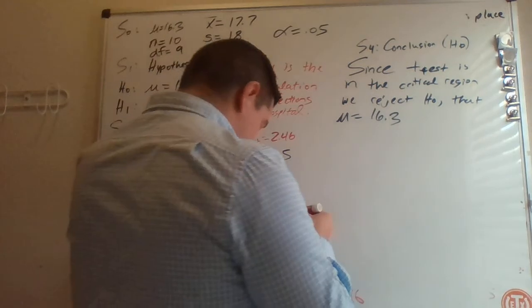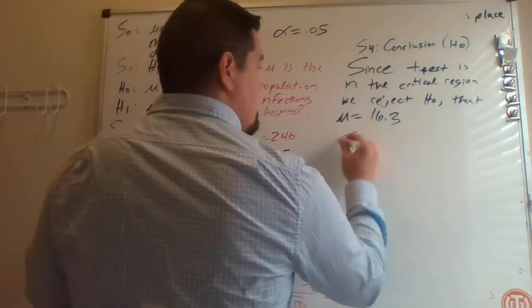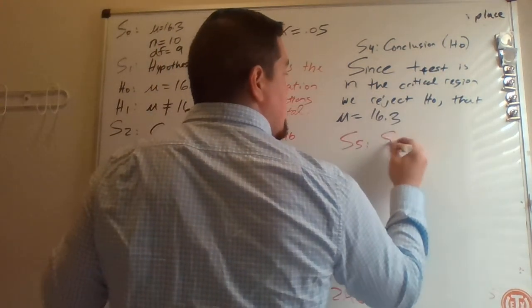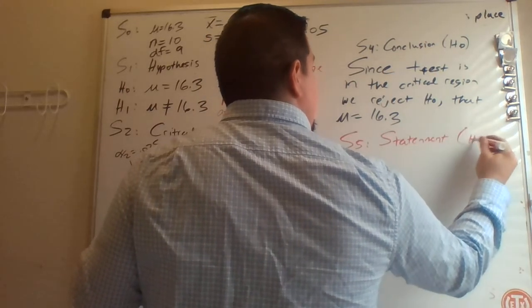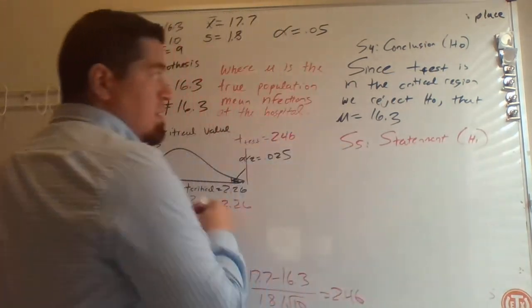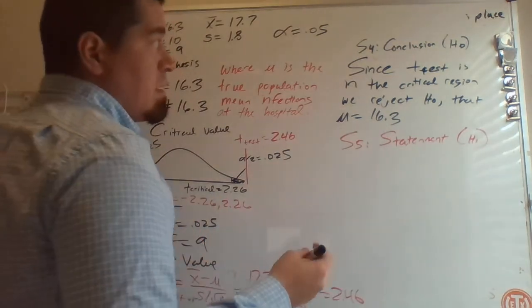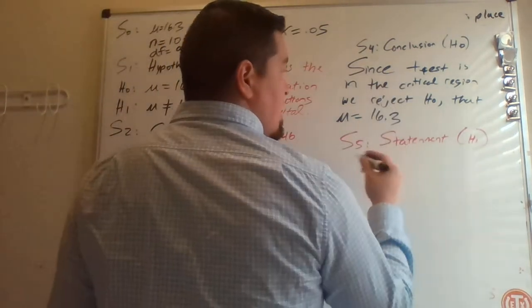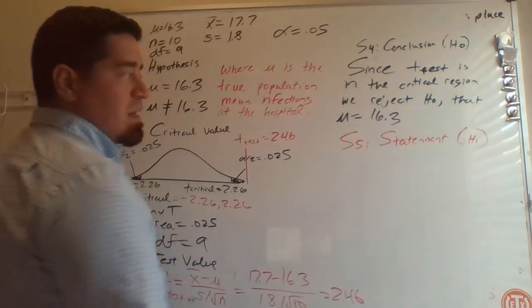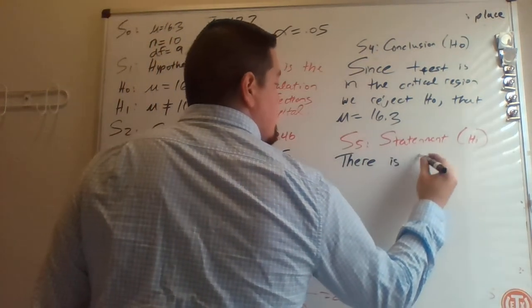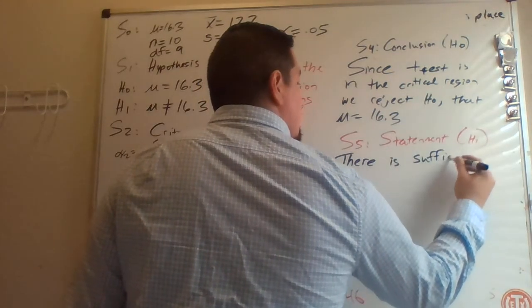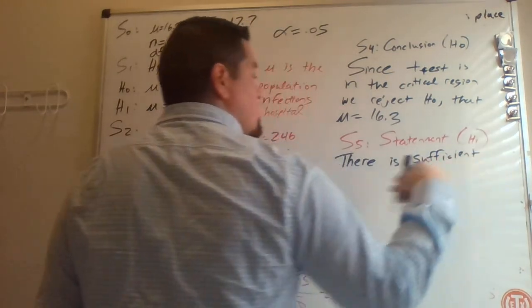I would want to make a conclusion for step 5, or a statement summarizing what we would say about the alternative. So since we reject the H naught, is that evidence to support the alternative or not? There is sufficient, yeah, you know, I haven't used that one, but you can use that too.